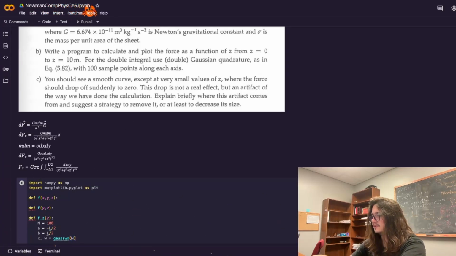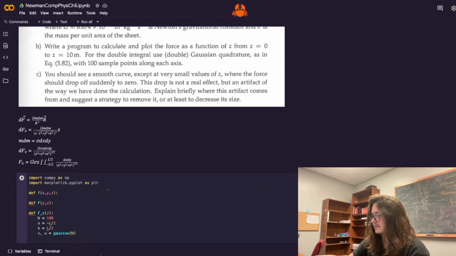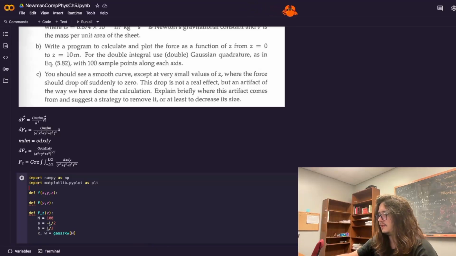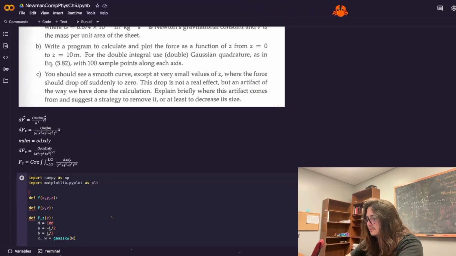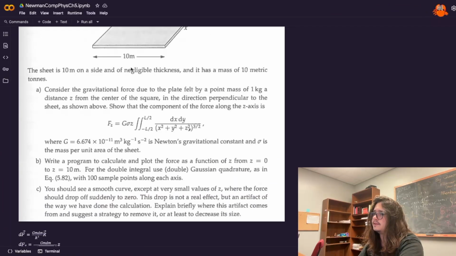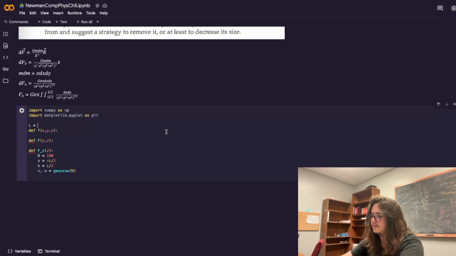This is just the Gaussian quadrature shell of code that was done in the textbook. We should define what L is. For this problem it's 10 meters on either side, so I'm going to do L equals 10 up top.